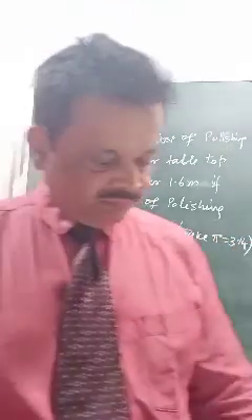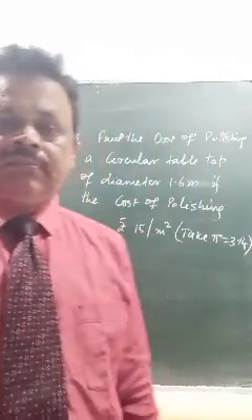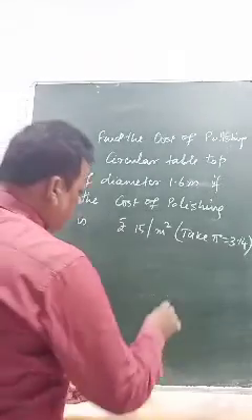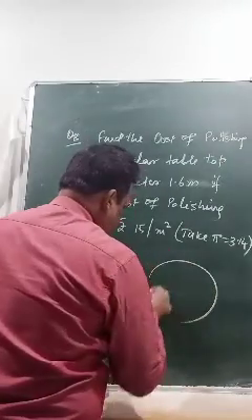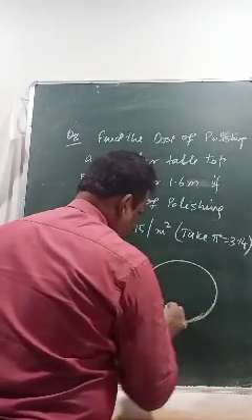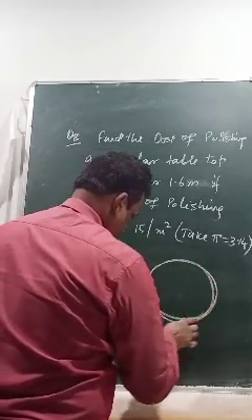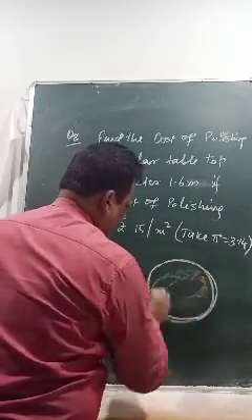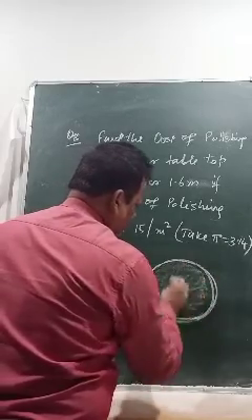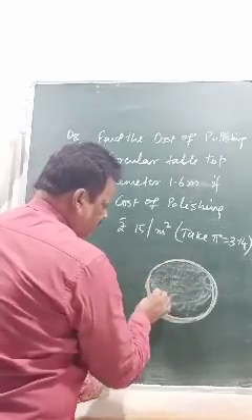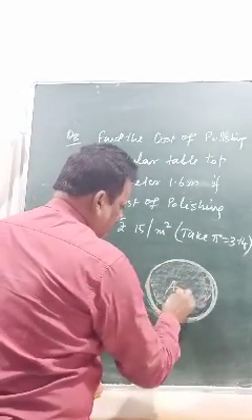Look, there is a table, a circular table. You want to polish it. This part you want to polish. This is your circumference boundary line, but this is called area.